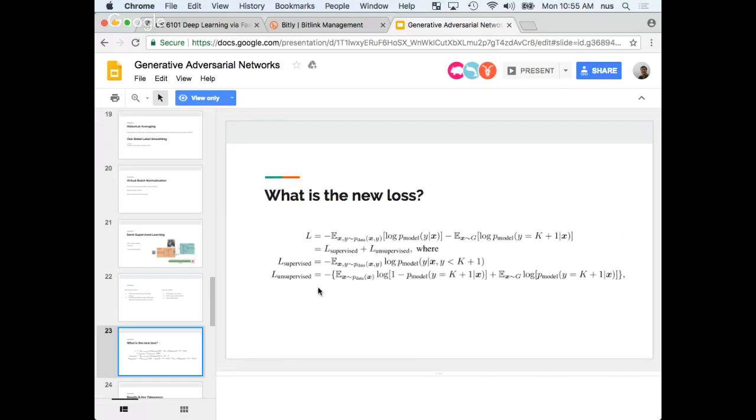For the unsupervised loss, it's saying that you need to output that it's a fake given that your image is from the generator, and at the same time penalize it if it outputs that it's fake when it's an image from the real data set. So that's roughly, intuitively, what this loss function is trying to say.